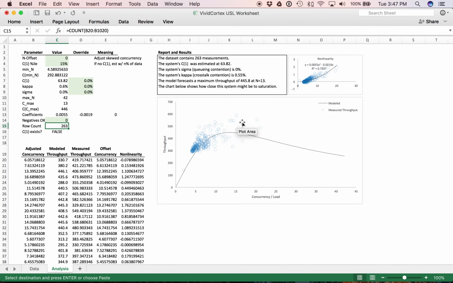But it isn't. It is falling off. At these higher concurrencies, at concurrencies of 15 or 20, we see it start to fall off and we get a decreasing return on investment. Although the modeled curve in the dotted line actually matches this not too badly, R squared of 0.73, which is not too shabby. I mean, it's not phenomenal, but it's not too shabby.